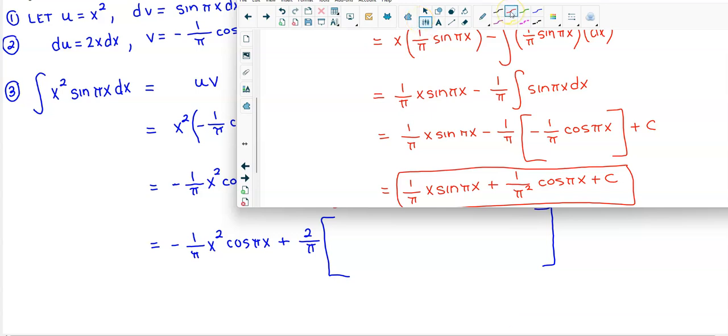We have 1 over pi x sine pi x plus 1 over pi squared times the cosine of pi x plus c. And so because we're going to be distributing this 2 over pi to this c, we're going to call this c now c1, and you'll see why in this next step.